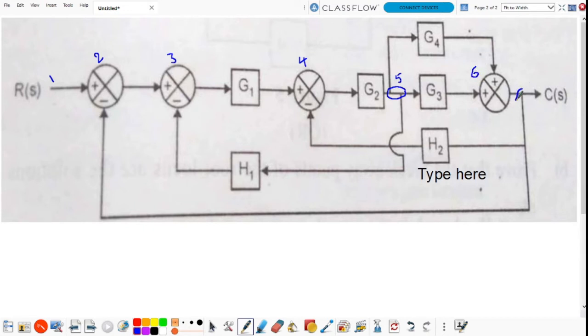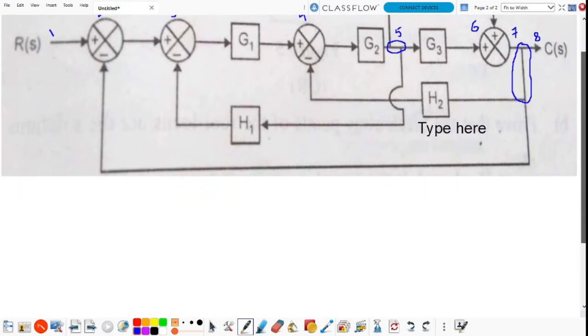Now here, these two branch points are combined and considered as a single branch point, and this is the seventh node, and this is the output signal, and this is the eighth node. So totally how many nodes?